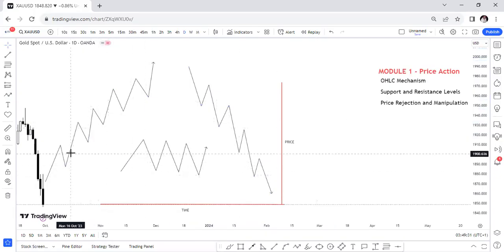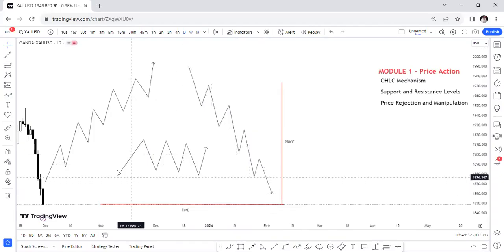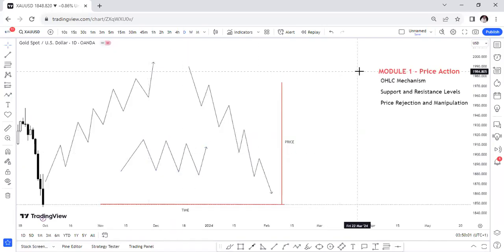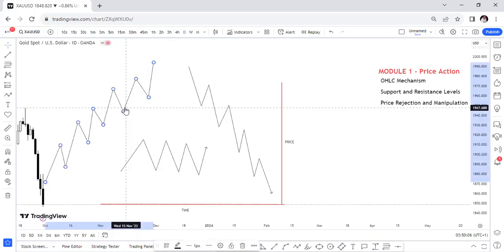Buyers move along high, low, high, low in an upward direction, while selling is sellers moving along lower high, lower low, lower high, lower low. Then the sideways trend is when we have equal highs and equal lows. So that is the meaning of price action.